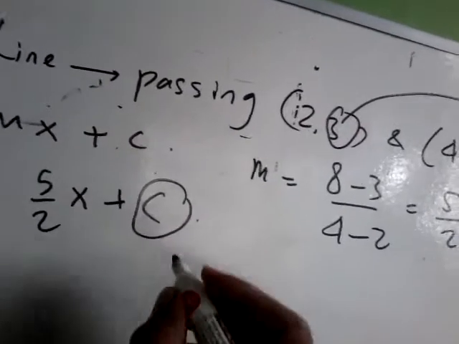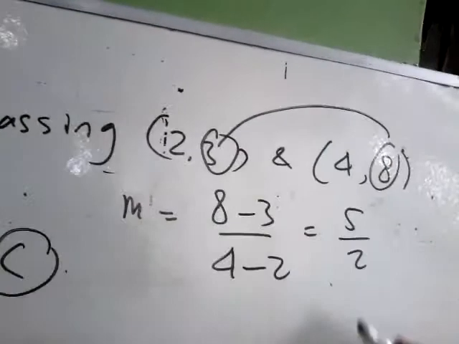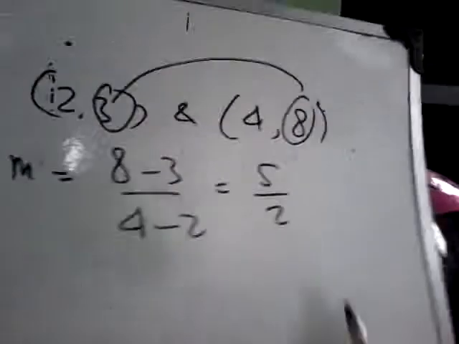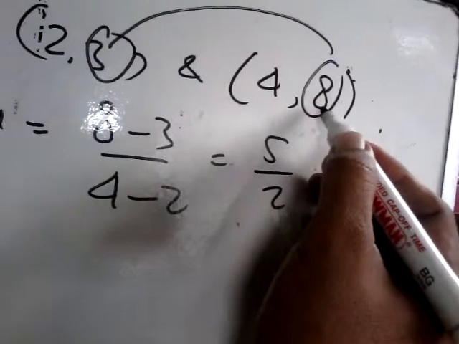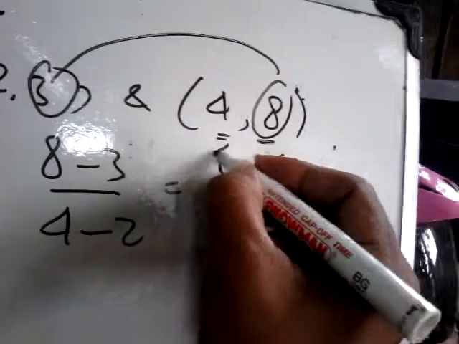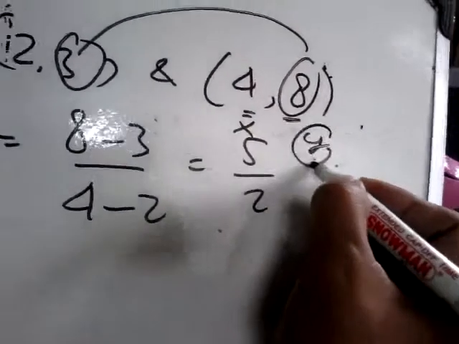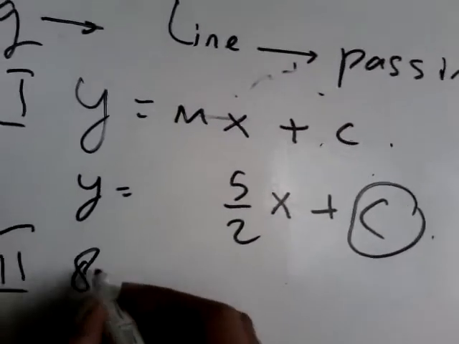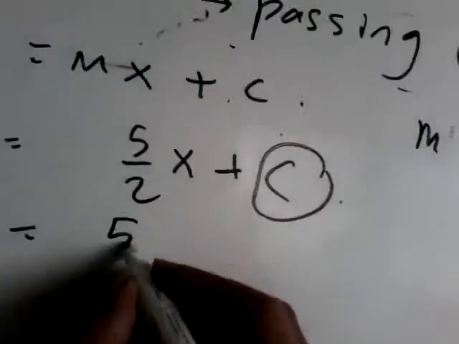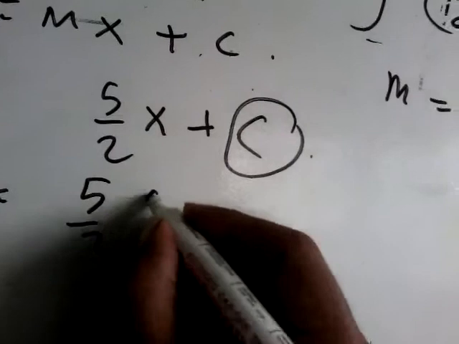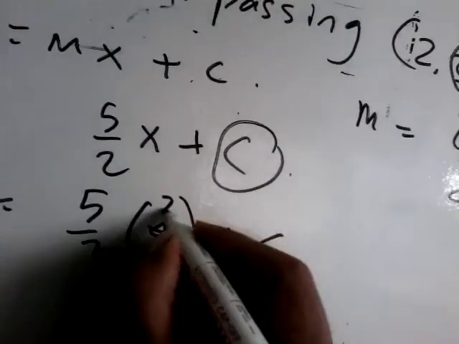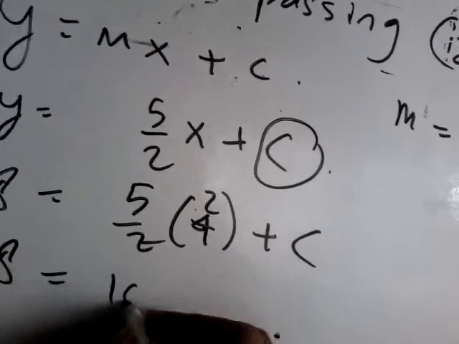How do you find the c? Pick one point, whether it's (2,3) or (4,8), it's up to you. Put in (4,8), for instance. This is y and this is x. Put y as 8, and x as 4 in the formula. Just multiply it. 8 equals 10 plus c.